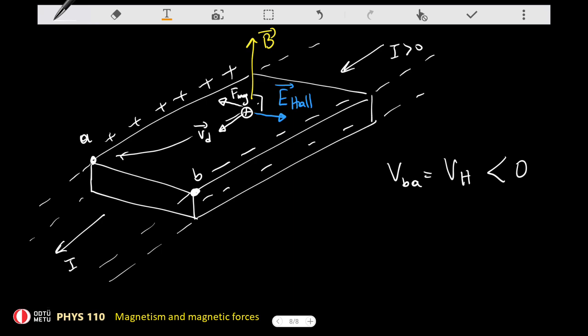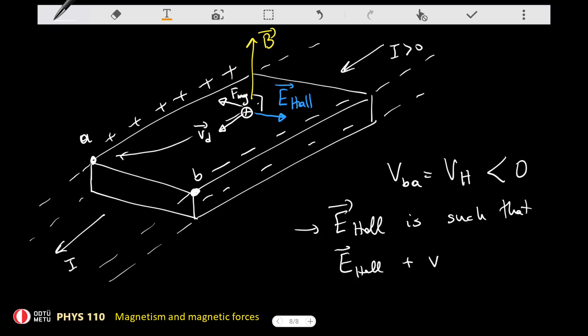So this is the idea in here. The Hall electric field has such a value that basically the Hall electric field cancels the deflecting effect of the magnetic field. So therefore, this is going to be equal to 0.